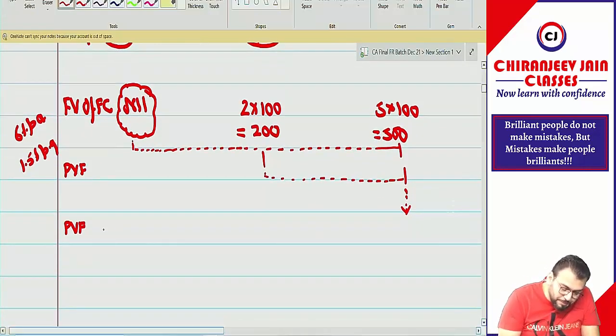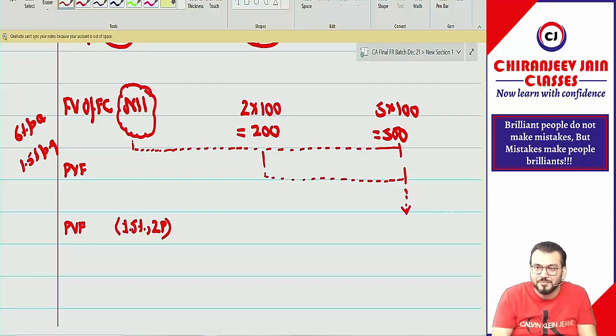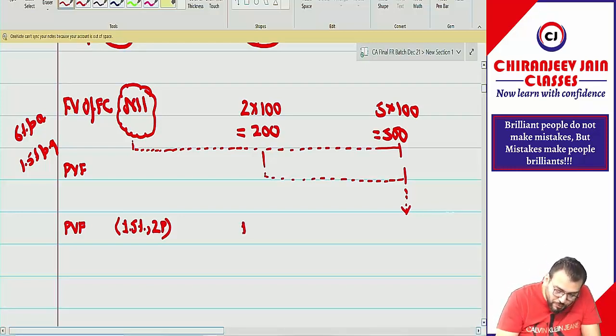So can you give me the present value factor at a rate of 1.5% for 2 periods, 2 tenure, 2 terms, whatever you say. And this will be 1.5% for 1 tenure, and this will be 1.5% for 0 tenure. Understood?